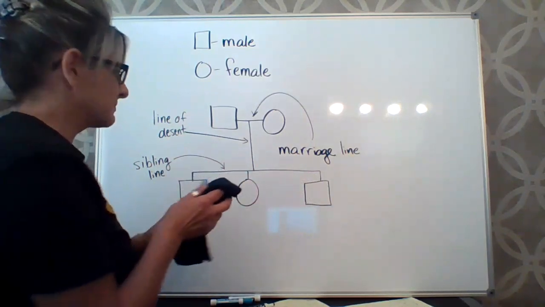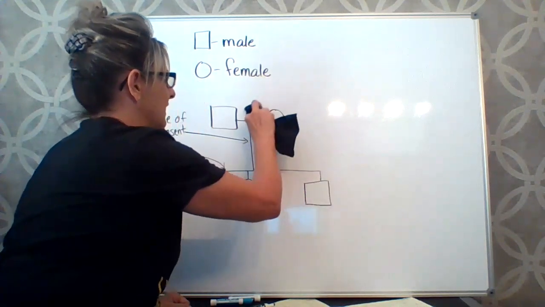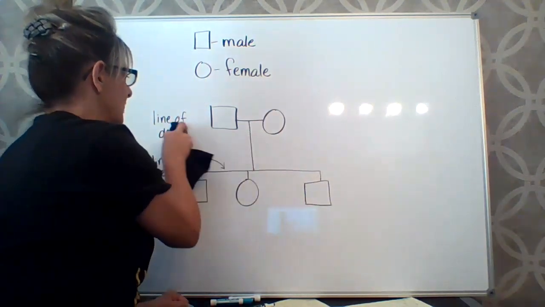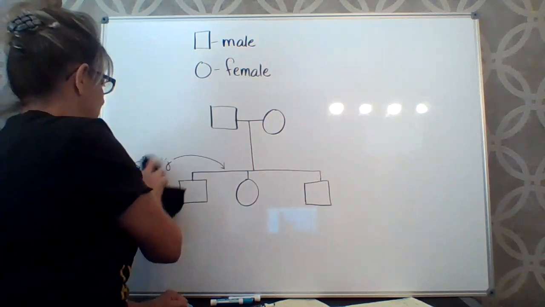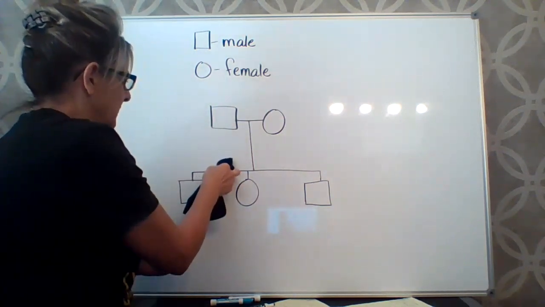Now, I'm going to erase my labels here really quickly because hopefully you've got that now. So we can just look at the pedigree piece, okay? So here we go.